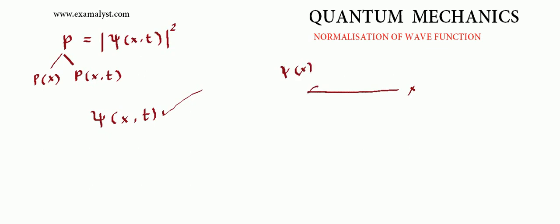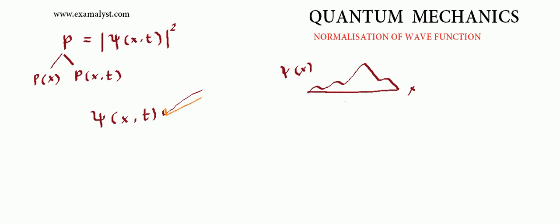So what kind of distribution? Maybe some distribution like this. This distribution suggests that the maximum probability of finding the particle is here and the least probability of finding the particle is somewhere around here. So psi of x and t is nothing but a distribution function.